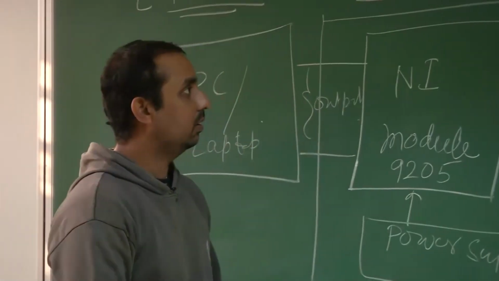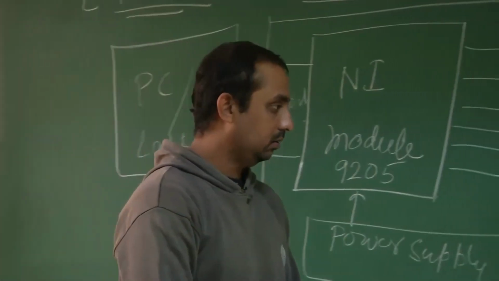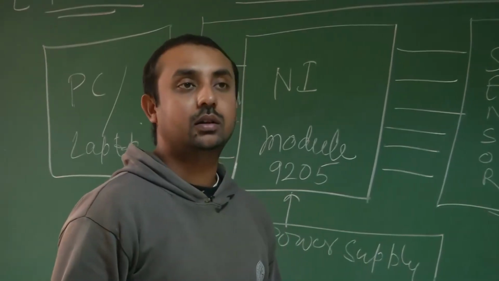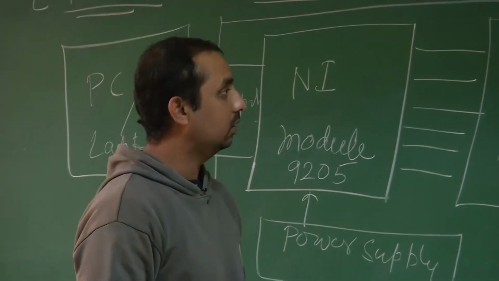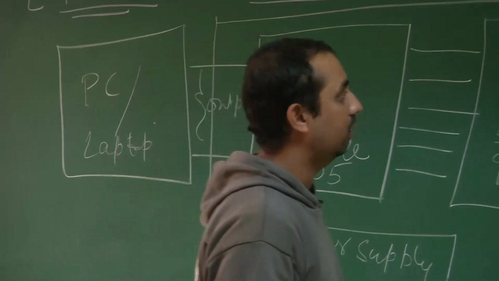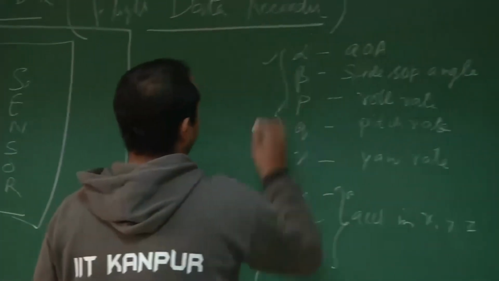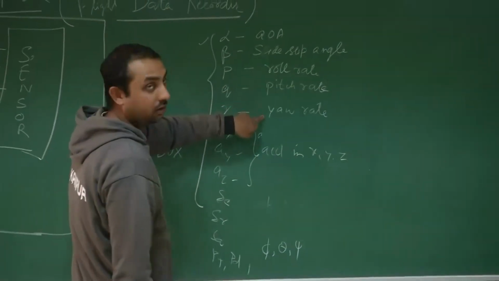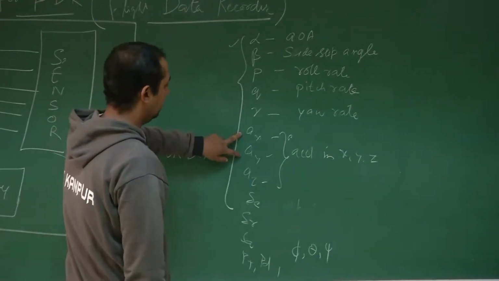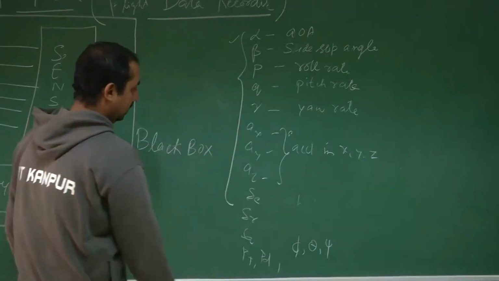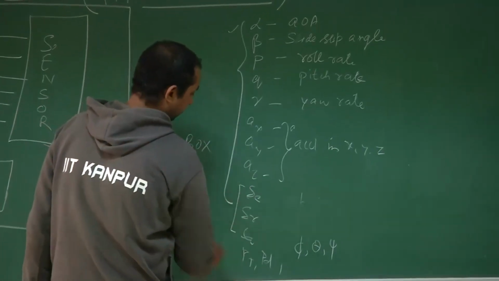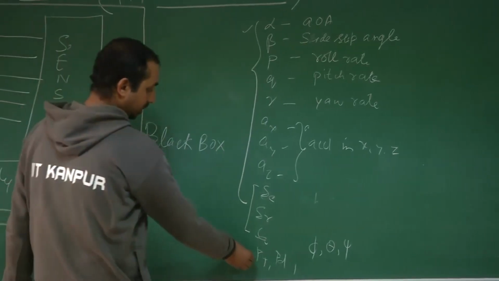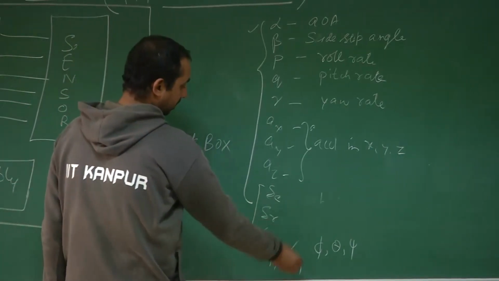in our flight data recorder we are recording different data which are as follows: your angle of attack, your side slip angle, roll, pitch and yaw rate, your acceleration in different axes, what will be deflection of control surfaces, which you have already seen in previous experiments, what are the total pressure and differential pressure.